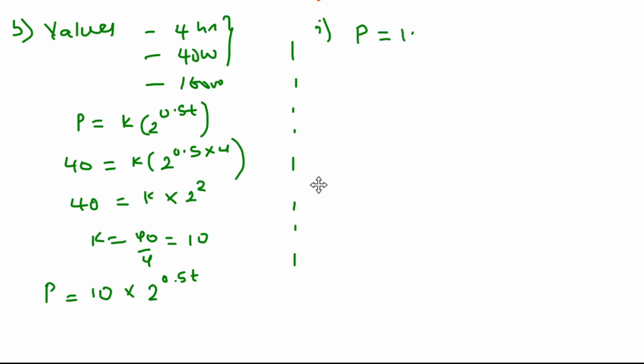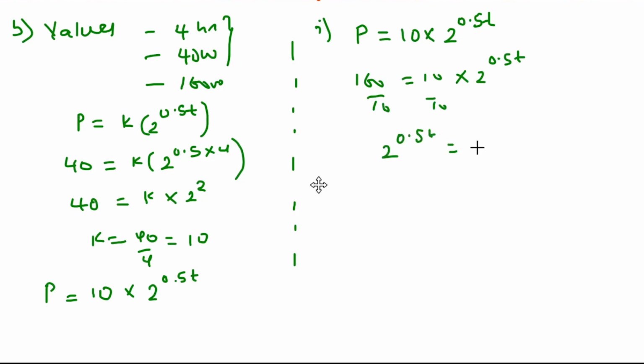So P equals 10 times 2 to power 0.5 T. If our power is 160, when we substitute and simplify, dividing by 10, we remain with 2 to power 0.5t equaling 16, but 16 is the same as 2 to power 4.